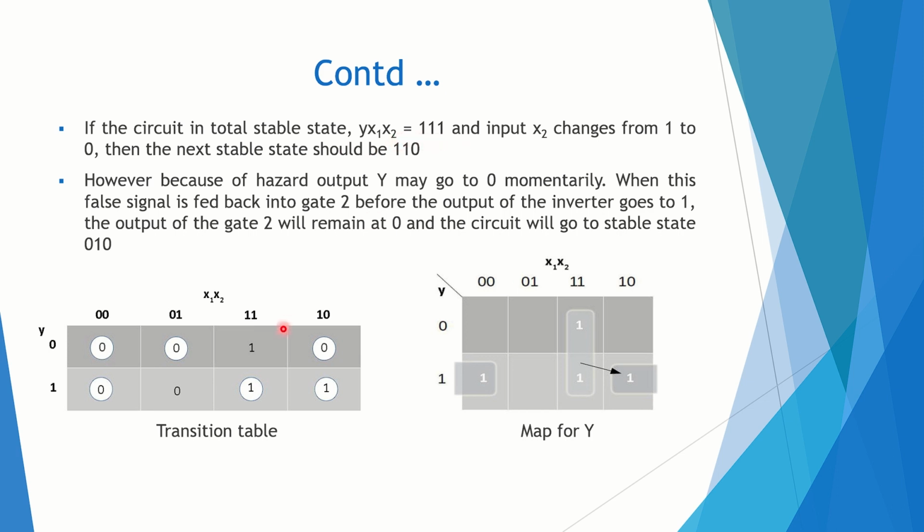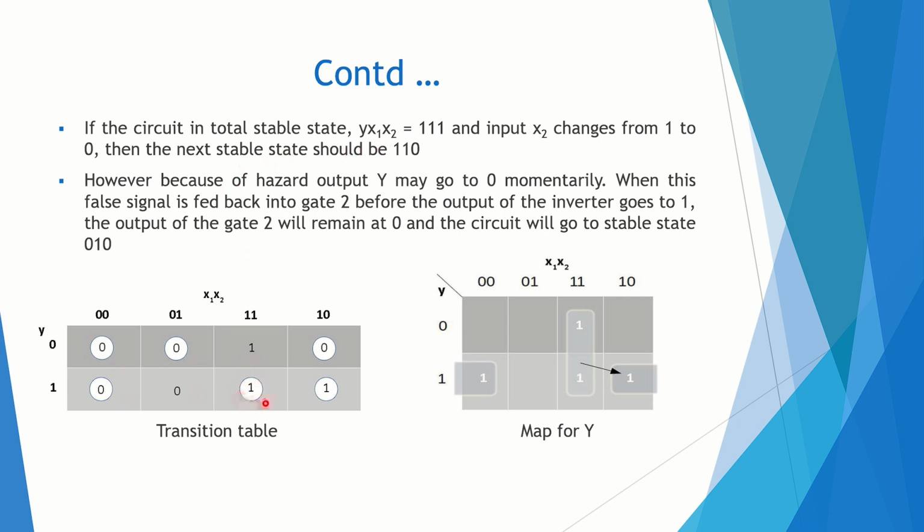By looking at the transition table, we can say there are 6 stable states: 4 are at 0, and 2 are at 1.